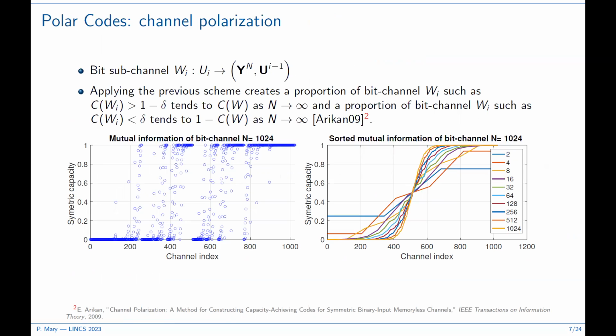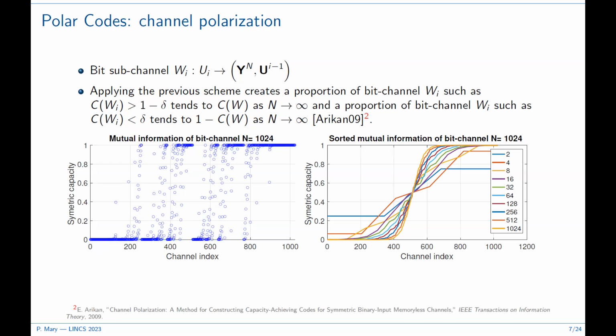So the striking observation made by Arikan is that if we apply this coding and decoding scheme and N goes to infinity, the proportion of bit subchannels whose capacity is larger than 1 minus delta tends toward the capacity of the original binary erasure channel. In the same way, the proportion of those whose capacity is less than delta tends toward 1 minus the capacity of the original binary erasure channel as N goes to infinity.